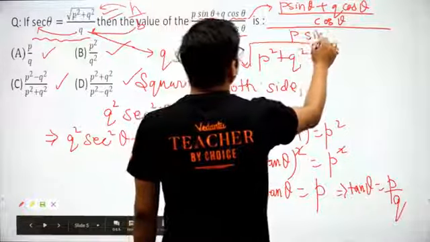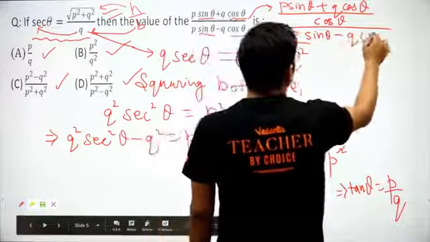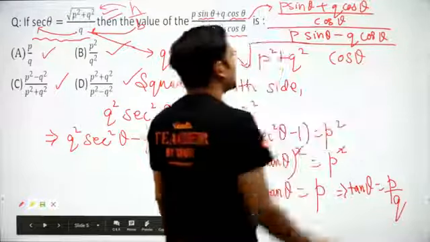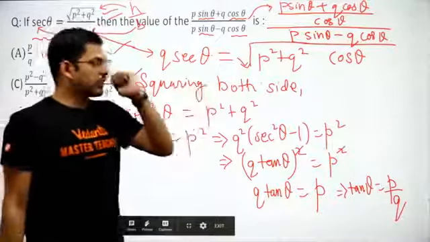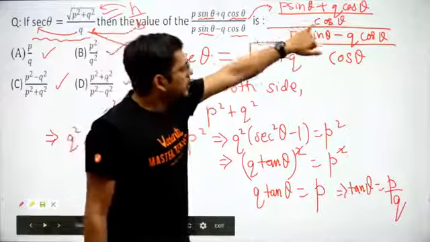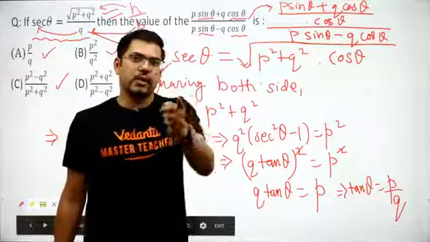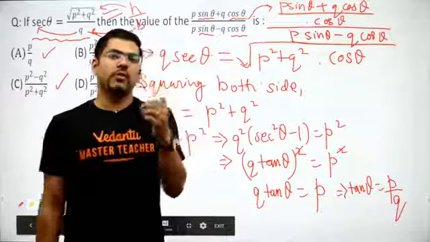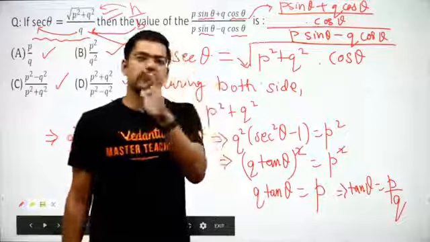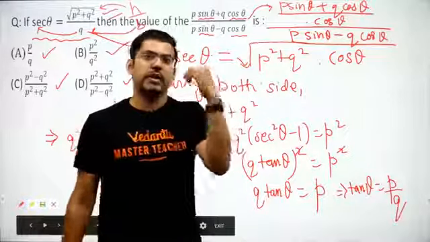See why I am doing this. I can divide the numerator and denominator both by the same quantity. This is valid because if you perform the same mathematical operation on both sides, LHS and RHS, or numerator and denominator, that goes well.